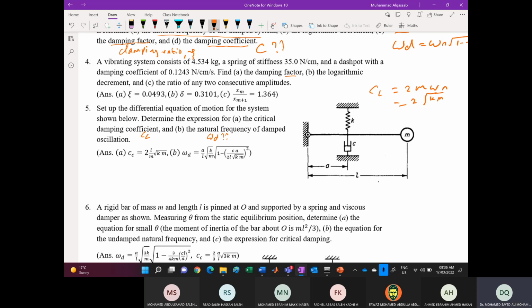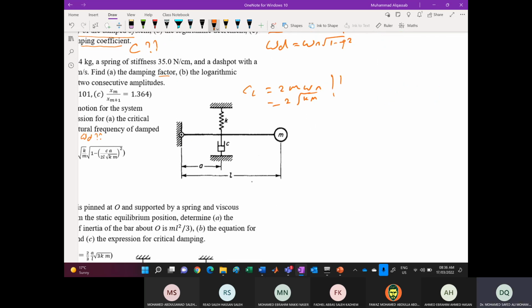And the equation of motion, you compare it with the standard one. So we cannot use this directly. We have to get the equation of motion and put it as J theta double dot plus C, the torsional C, I'll just call it CT for torsion or rotation, theta dot plus KT theta equal to 0 for free vibration.